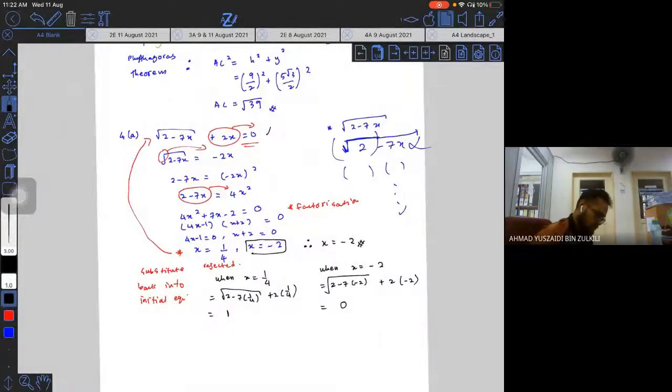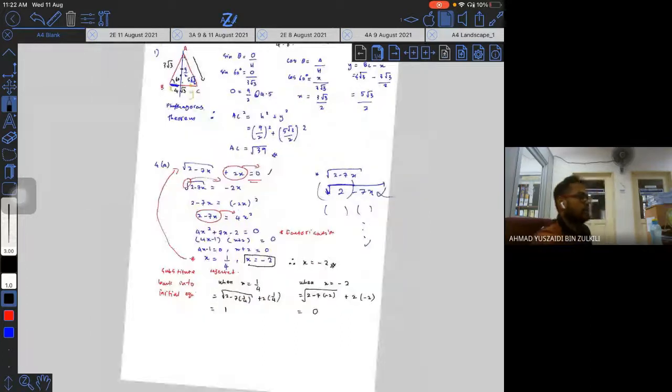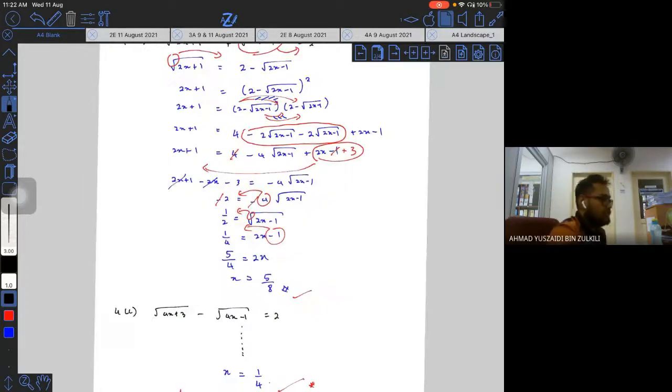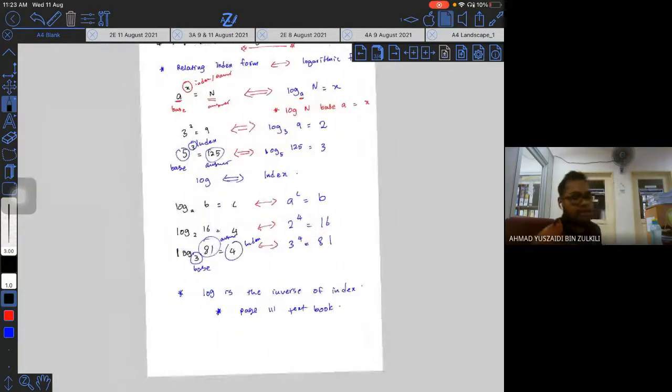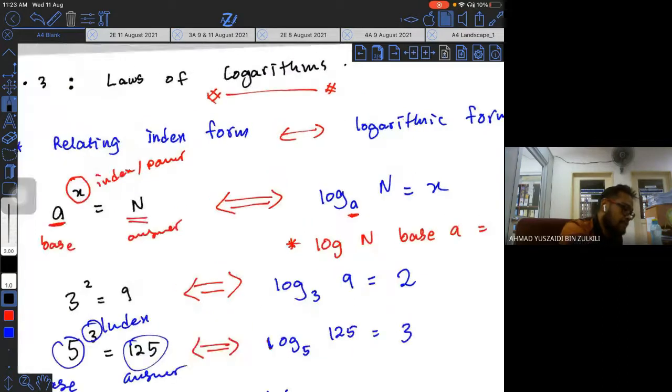Let's look back at what we learned today. We checked our answers, discussion, and then we learned about relating log with index. As long as you remember these rules.